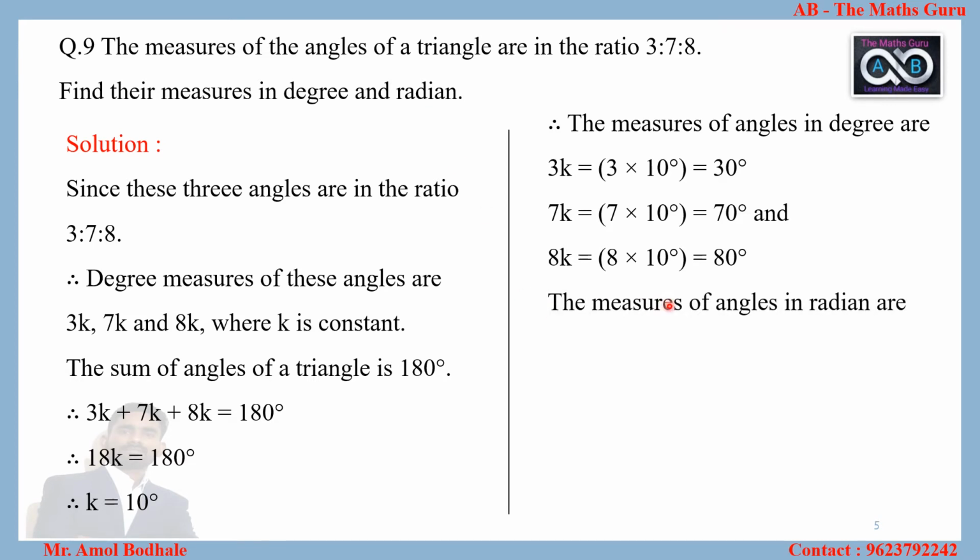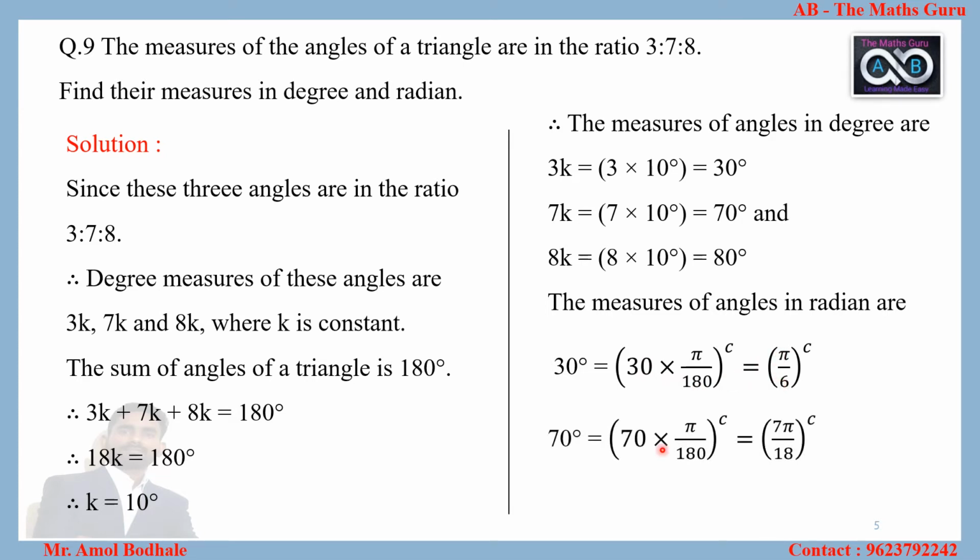So the measures of the angles in radian are, to convert degree to radian we multiply by pi upon 180. So 30 degree equals 30 into pi upon 180 radian. The zeros cancel, 3 sixes are 18, which will give us pi upon 6 radian. 70 degree is 70 into pi upon 180, zeros cancel, and it will give us 7 pi upon 18 radian.